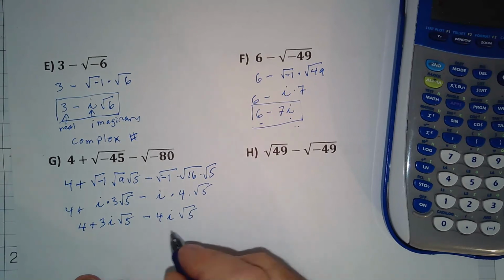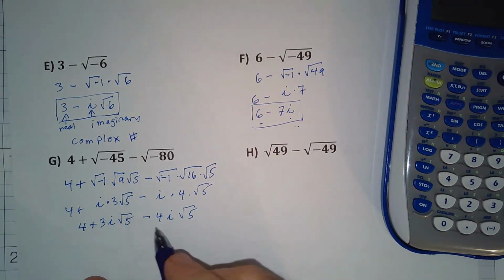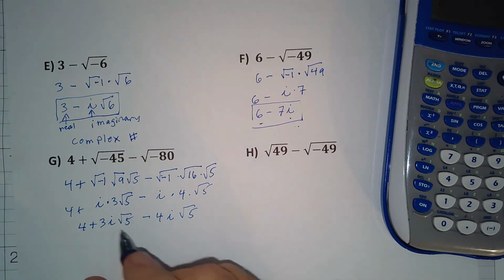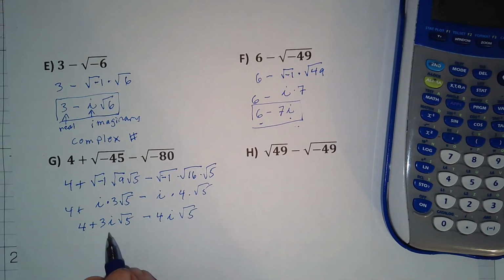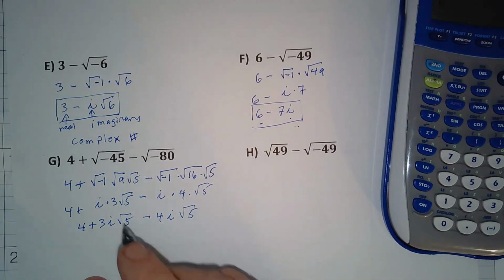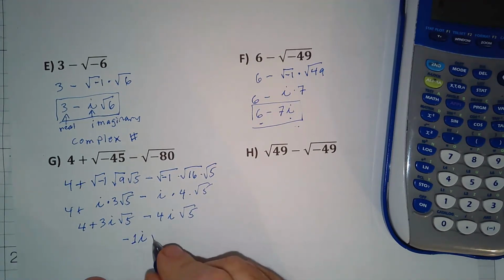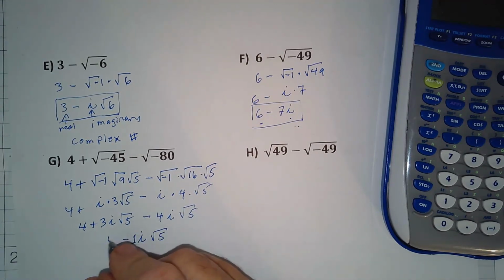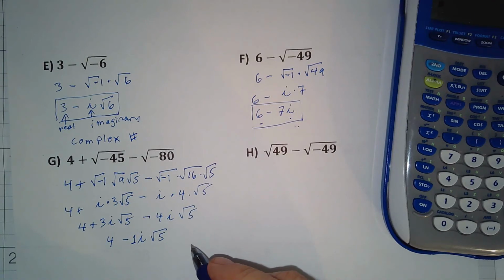Notice this is 4 plus this minus all of this. So there's really three terms connected by a positive and negative sign. So I can combine the 3i square root of 5 with the negative 4i square root of 5. That leaves me with negative 1i square root of 5, right? And then the 4 comes down. And so that's our answer.